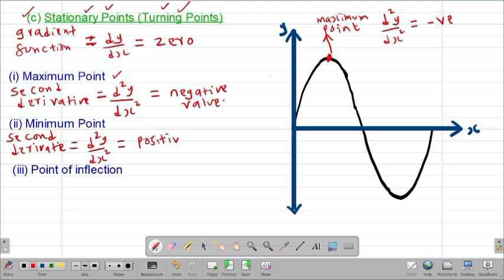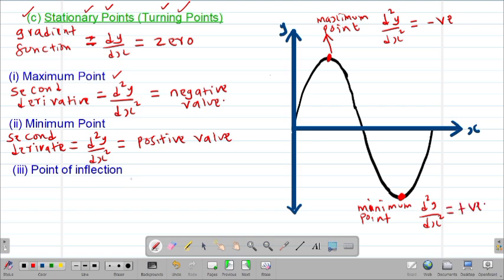So on our curve, this is what we are calling the minimum point. At this particular minimum point, the second derivative, d squared y over dx squared, will always give you a positive value.